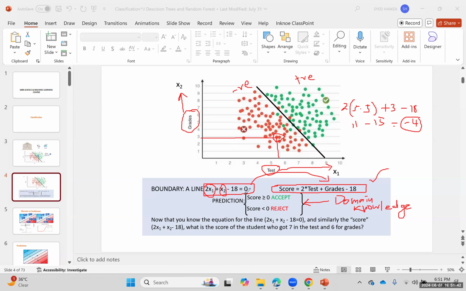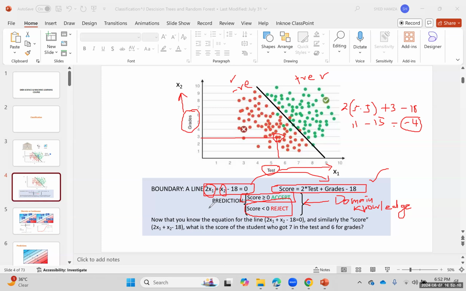So what I did is create this equation according to my knowledge. If the score is equal to or greater than 0, I put it into the positive class. If the score is negative, less than 0, I call it the negative class, or I reject it. So just because of the domain knowledge you have, you will be able to predict it.